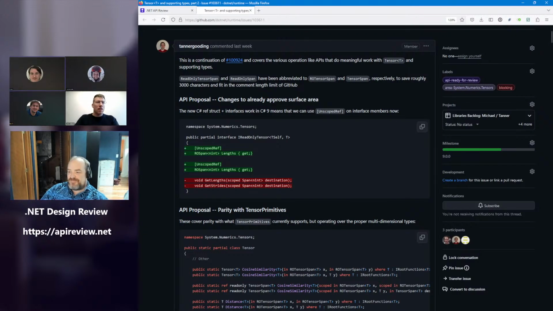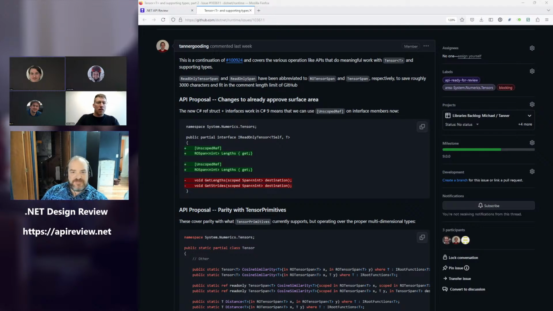Yeah, so to start with, thankfully, a lot of this is similar to things we've reviewed in the past, so those parts might be faster to get through. No promises, though. This is a continuation of the previous API reviews around Tensor, TensorSpan, and the supporting types.